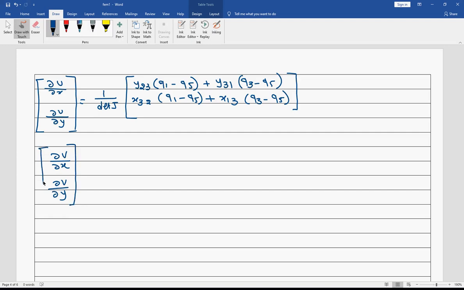So you can do this, but on similar basis I can also write this: 1 over determinant of J, y23 q2 minus q6 plus y31. Okay, you can start writing, just give me a minute.